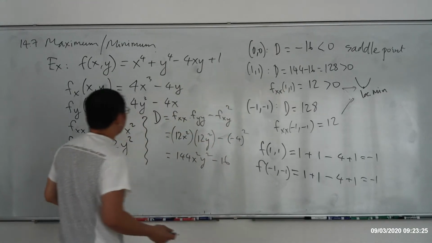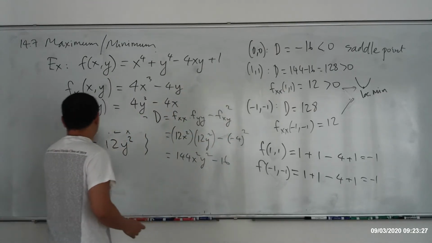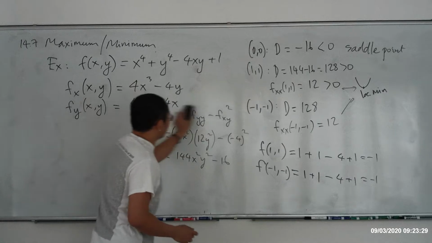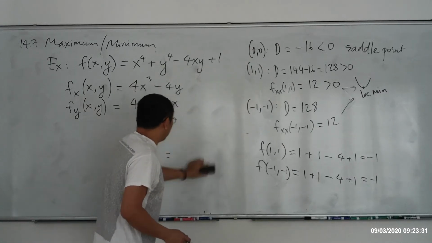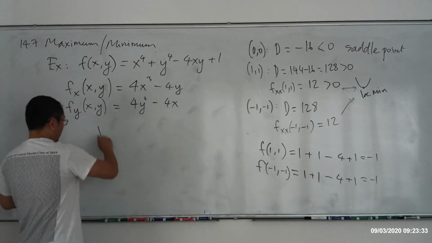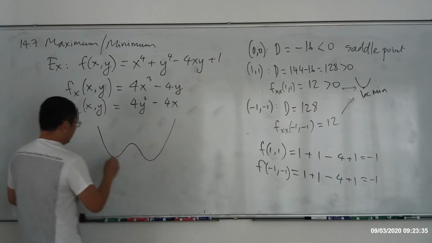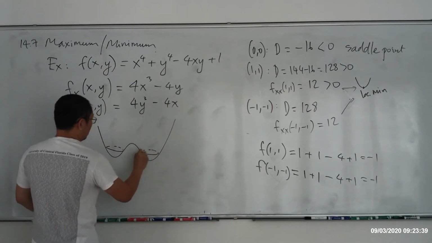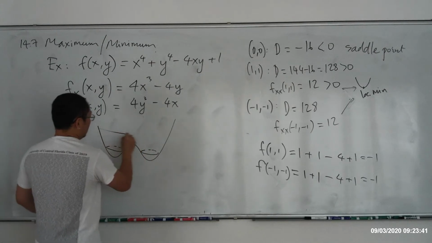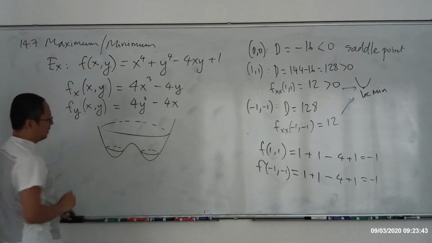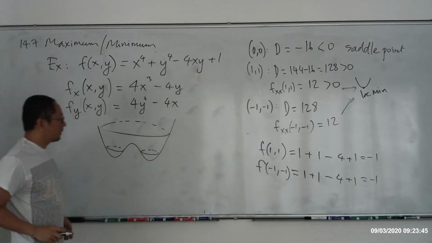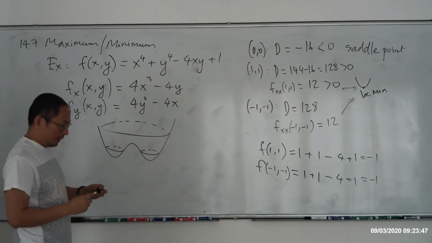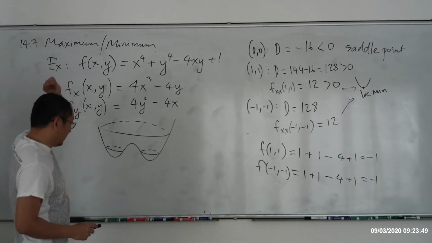I haven't graphed this one yet, but after having the values, I guess the graph is kind of like this. Not sure, but it looks like this. You imagine that it's like the bottom, like a water bottom.